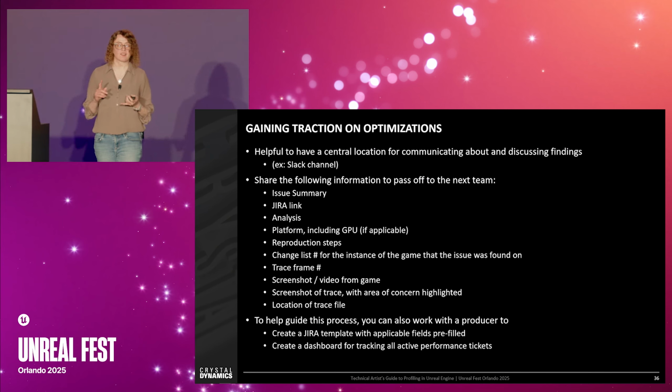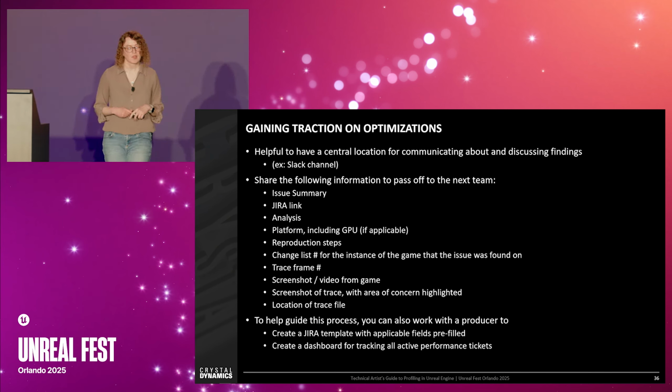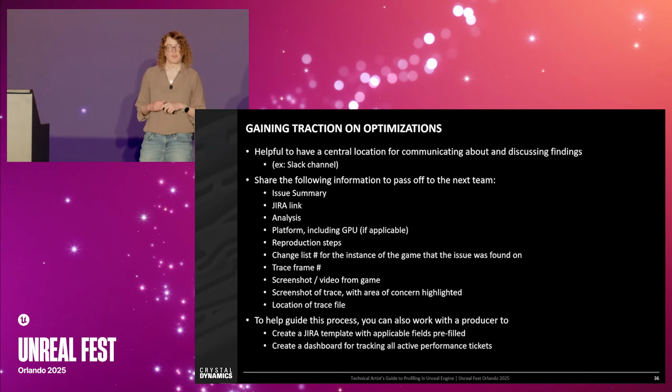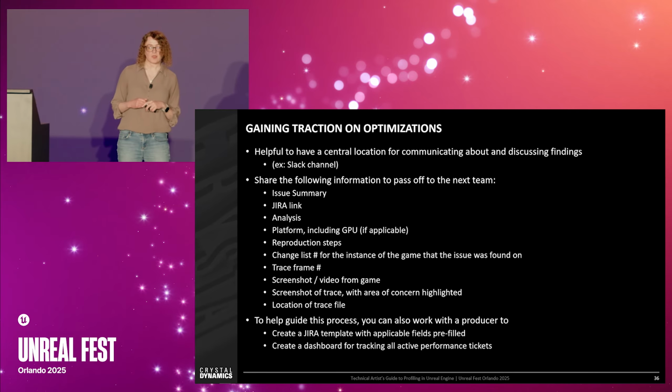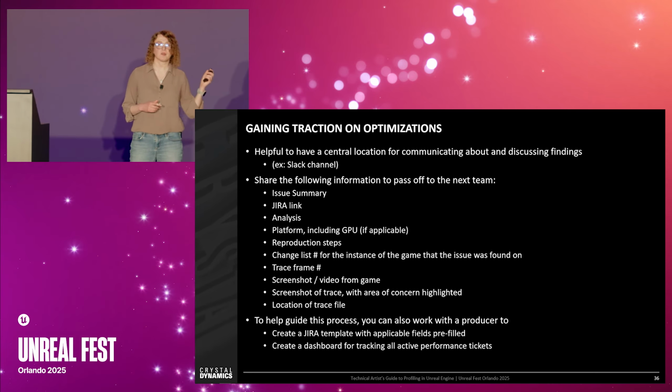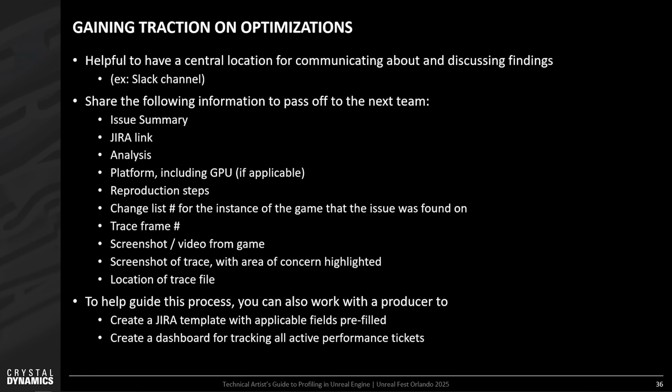So screenshots, videos, anything you can provide to help provide context. Then provide a screenshot of the trace with the area of concern highlighted, similar to what I did earlier in this presentation. And then finally, the location of the trace file, if you put it up in the network, that way someone can easily grab it if they want to dig a little deeper.